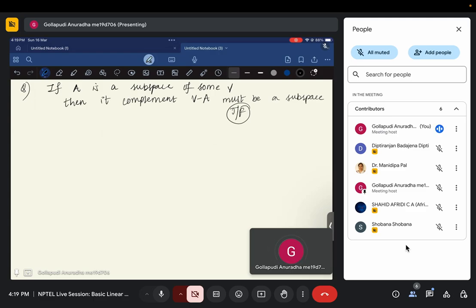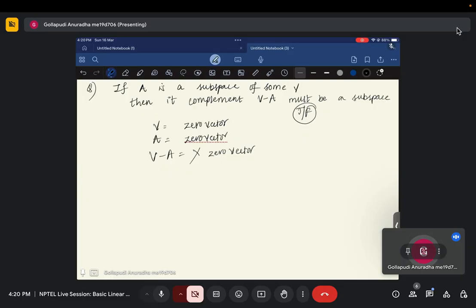V is a space, so definitely there will be a zero vector for V, and A is a subspace, so it will also have a zero vector. So V minus A means the zero vector is gone. So here itself you can say that it's not going to be a subspace, so it's going to be false.